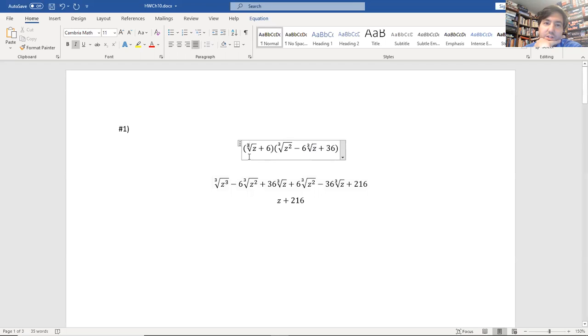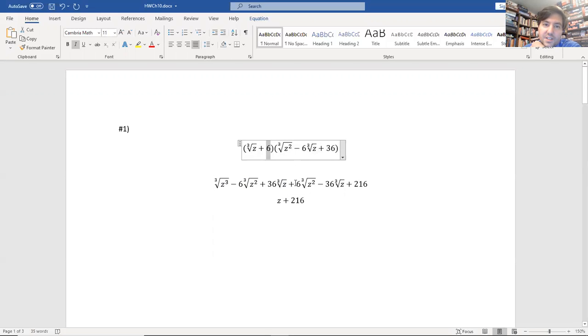Last but not least, we're going to take this front term one more time, do the third root of z times 36, and that's this right here, 36 cube root z. So that's this term multiplied by that one, and that one. So there's 3 different results from multiplying that thing.